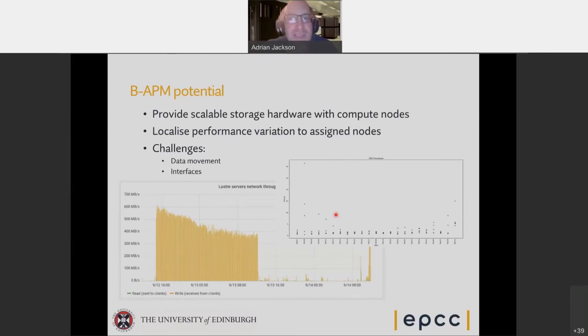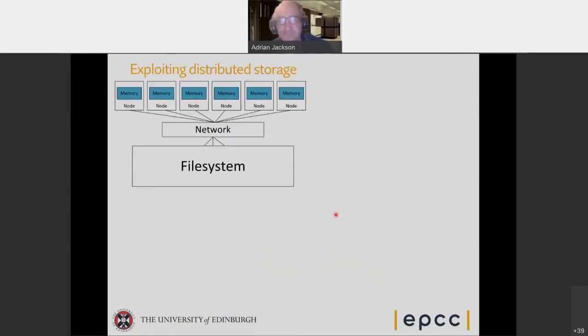So there's some benefit of having the storage locally, but there's some challenges to it as well, because you maybe need to move data in and out of that storage so that it can be used elsewhere, and make sure that the resources can be shared on a system, like most HPC systems, where individual users don't get much choice about where their jobs run, and nodes can be used for many jobs over time.